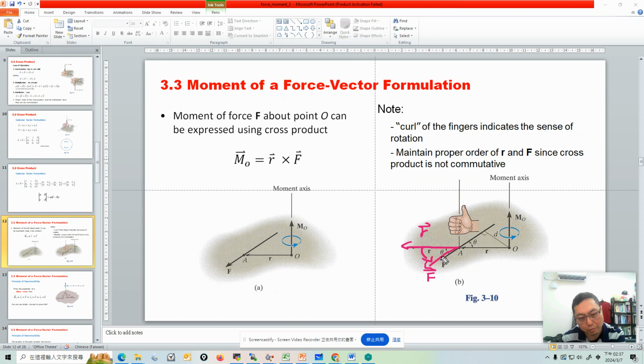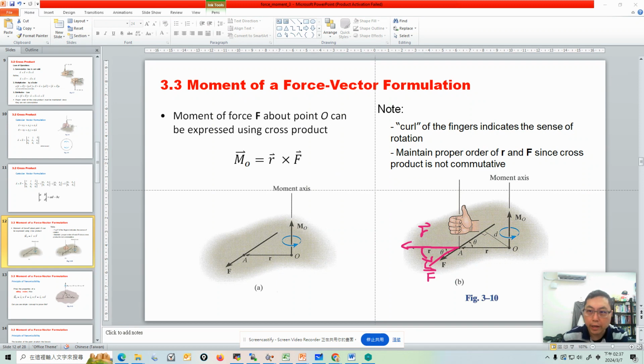You have to go this way. Maybe I'll think about this later. Never mind, maybe I just raised a lot of questions. Simply speaking, the moment is r cross F, the product between your position vector and your force vector.